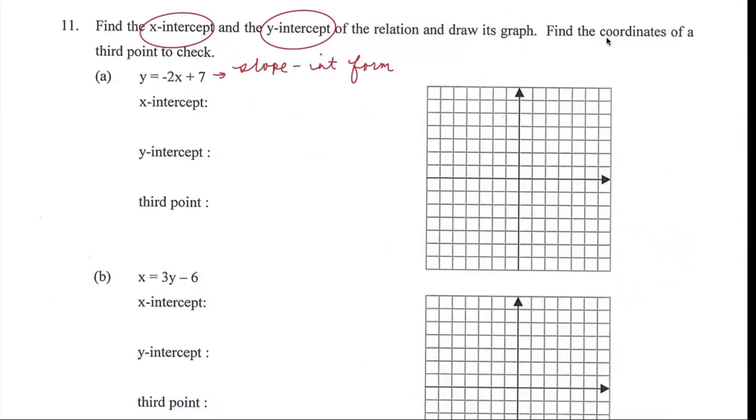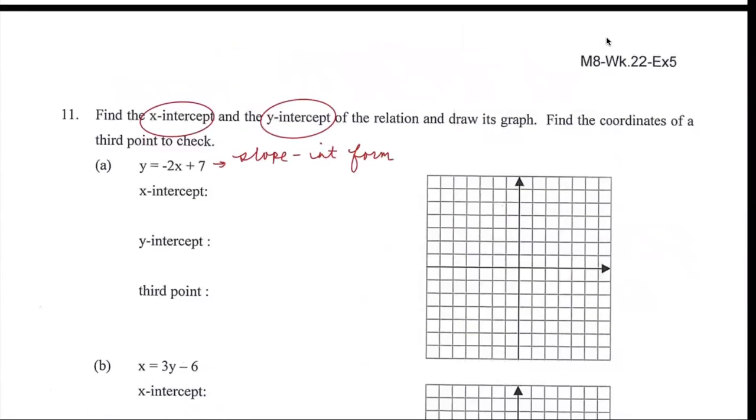Let me remind you. What's the slope intercept form? It looks like this. y is equal to mx plus b, where m is the slope and b is the y-intercept.